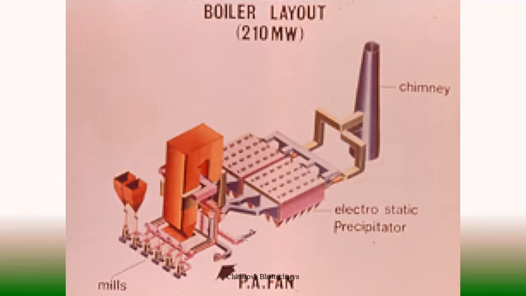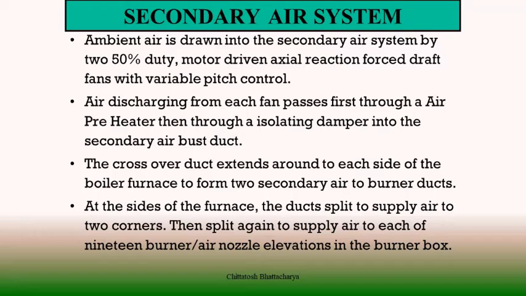In general, there are two types of systems. One is a cold PA system and the other a hot PA system. In case of the cold PA system, PA fan is drawing cold air from the atmosphere, and after passing through the air preheater, part of the primary air is getting heated and some part bypasses the air preheater, and that is mixed with the hot primary air, and then that is going to the milling system.